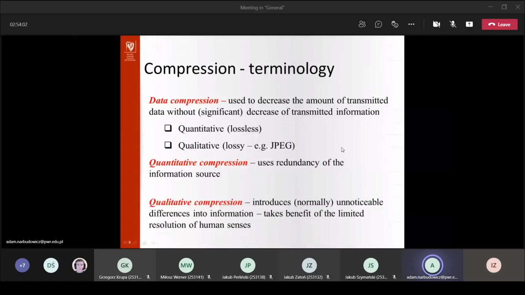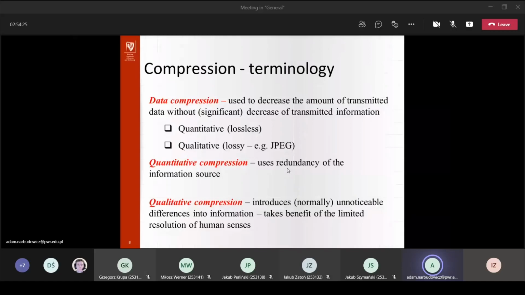Quantitative compression simply removes the redundancy of the information, so we are approaching as close as possible to the theoretical limit, which is given by entropy.